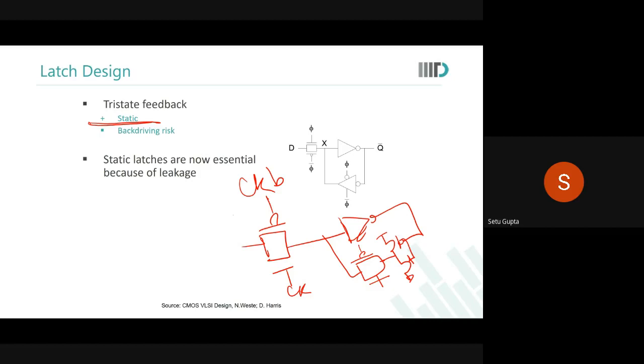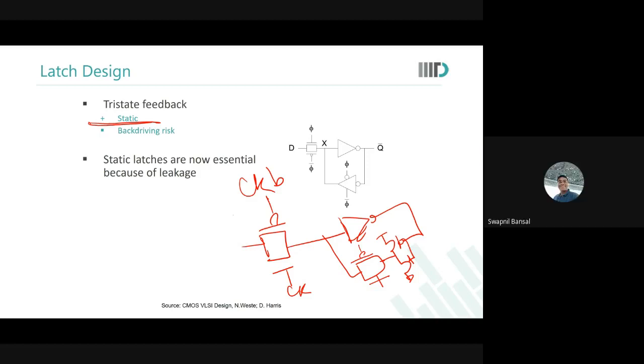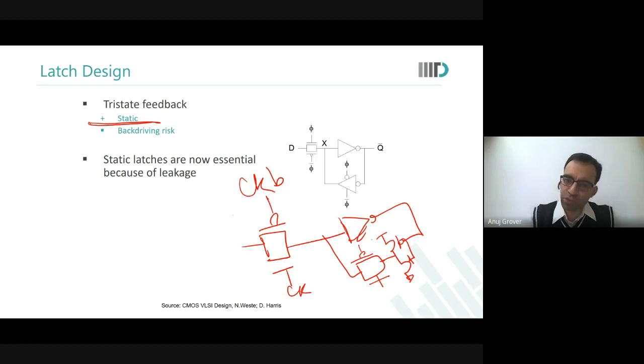I am not able to see why there would be any disadvantage or advantage at all. So we wouldn't be able to get rid of the dynamic nature of the latch which we had earlier. No, you will be, because for this transmission gate you will put CK over here and CK bar over here.